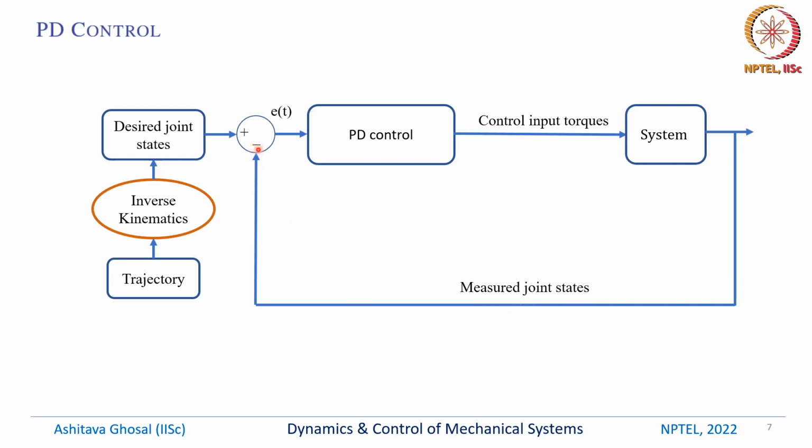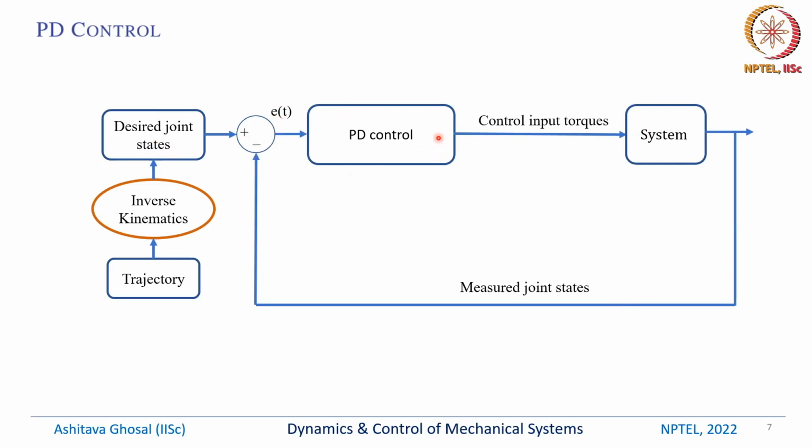This is fed back, and a trajectory planner, which decides what we want the leg to do, whether it should go forward or backward, gives you the desired joint states. Subtracting the measurement from this gives you the error, and this error goes to the PD controller.